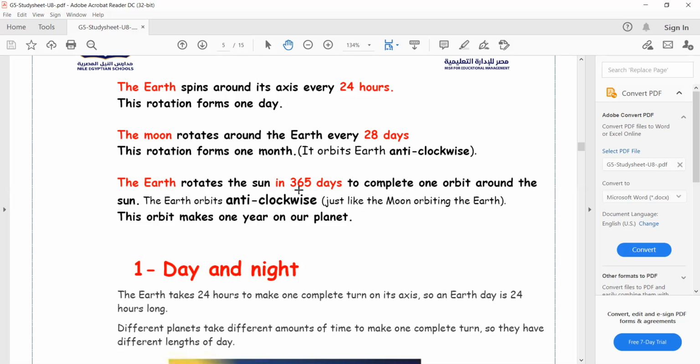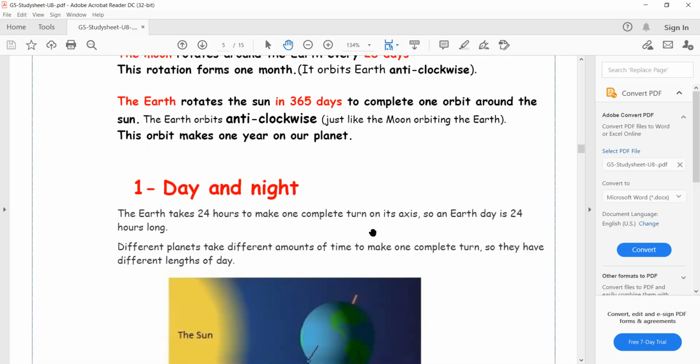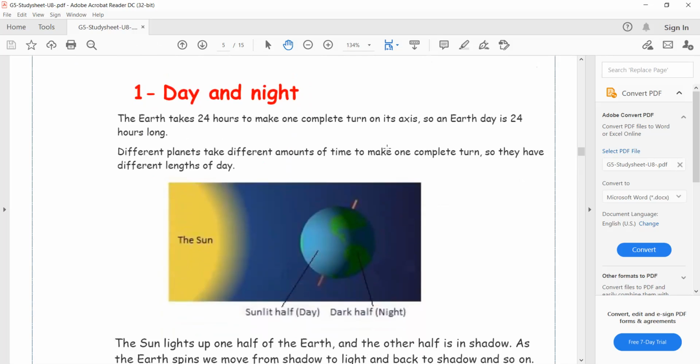This takes 365 days and a quarter, or 1 year. The moon has another movement. The moon takes 28 days to complete one orbit, or to make one revolution around the Earth. 28 days, or one lunar month. Let's talk about day and night.